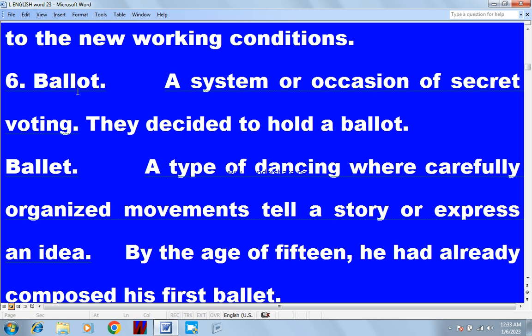Now see, in ballot, there is O, voting is O, means it is related word. Ballet, there is no O, means a system. They decided to hold a ballot, means they decided to hold an election in the country or in a community.